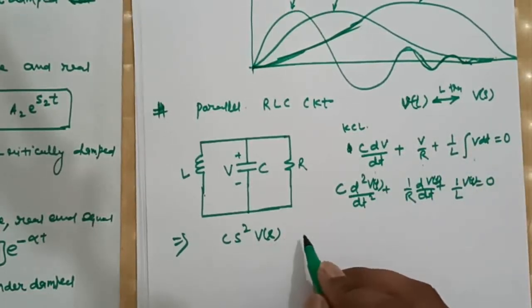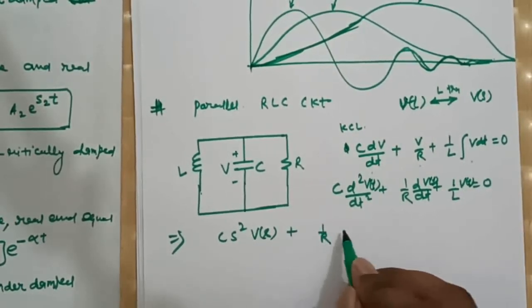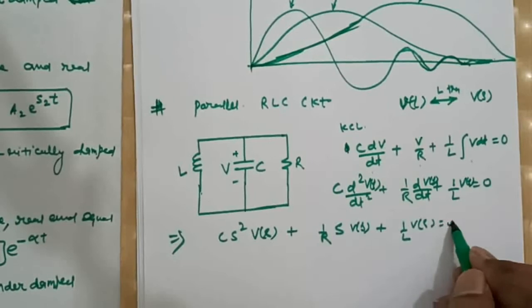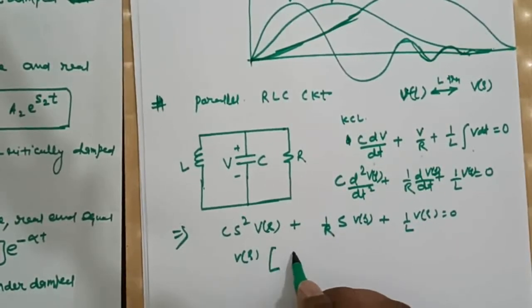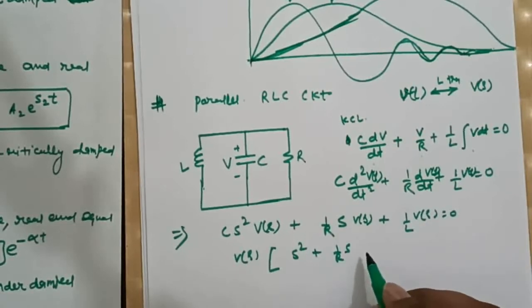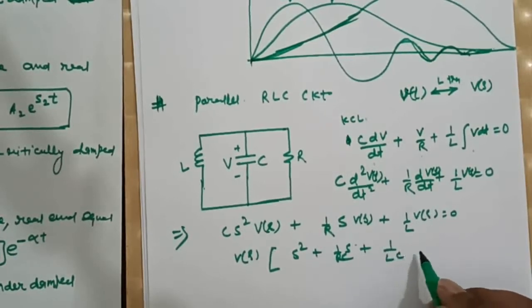So C s square V(s) plus 1 by R s V(s) plus 1 by L V(s). Taking V(s) as common, we will have s square plus 1 by R into s plus 1 by LC is equal to 0.